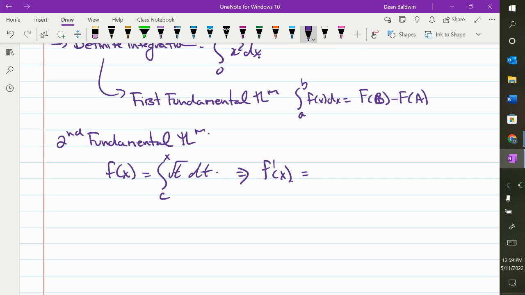Then the derivative cancels the integral essentially, and you get root of x.